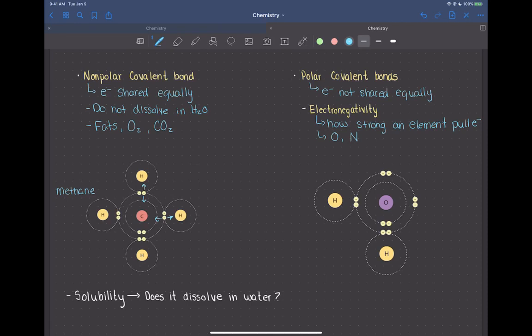Okay, one way to recognize a polar molecule, aside from the fact that water itself is polar, is that anything that dissolves in water that's not a salt is going to be polar. All right, so these things are going to dissolve in water.